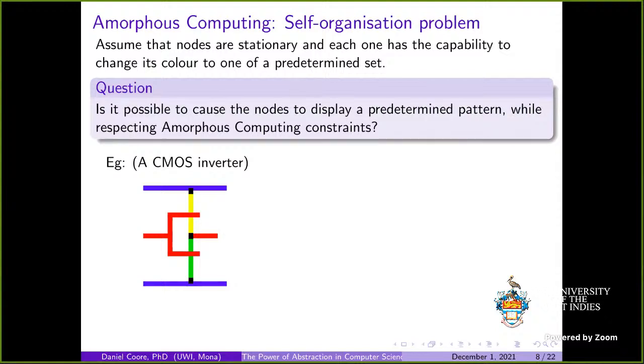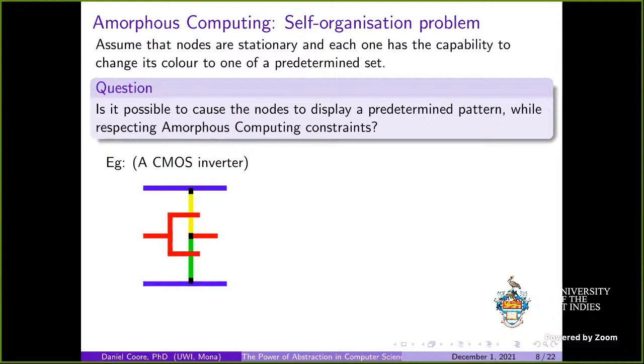Each color corresponds to a particular type of material that then corresponds to the kind of process that the silicon is exposed to during the manufacturing process and the etching. So this pattern happens to represent a real-life circuit. In fact, this is an inverter, the very kind of circuit that I was describing earlier. That's actually not terribly important for the exercise that I want us to engage in here.